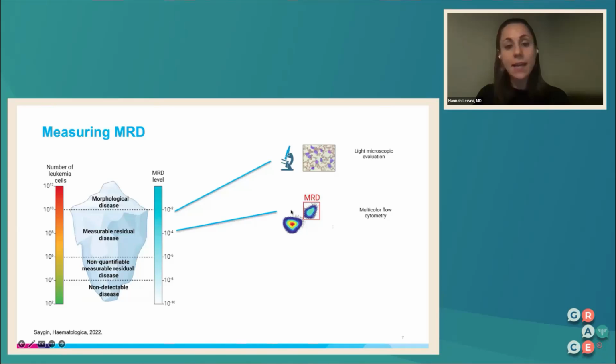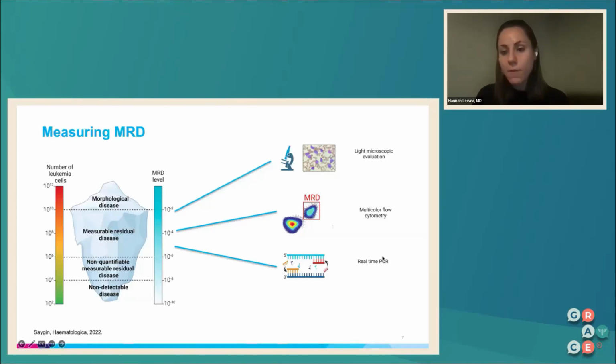So a patient might be in a complete remission with no detectable disease, even using the best microscopes we have, but using flow cytometry, we might detect, let's say, 0.75% leukemia cells. And so that patient would be in a flow MRD positive remission. Beyond that, we also have other methodologies that deepen our understanding of how deep a patient's remission is.